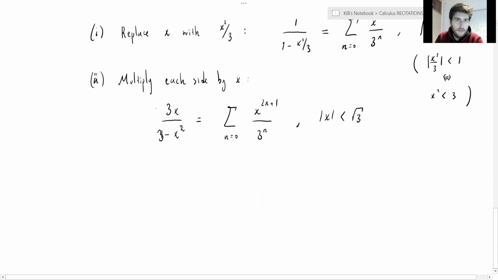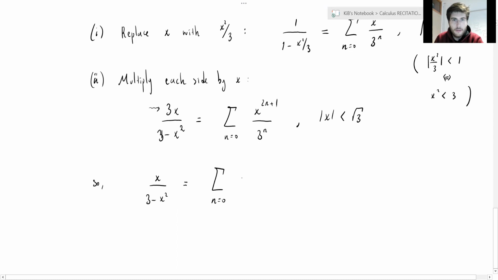We don't need this 3 here, actually. So finally, x divided by 3 minus x squared. This is what we want to generate.